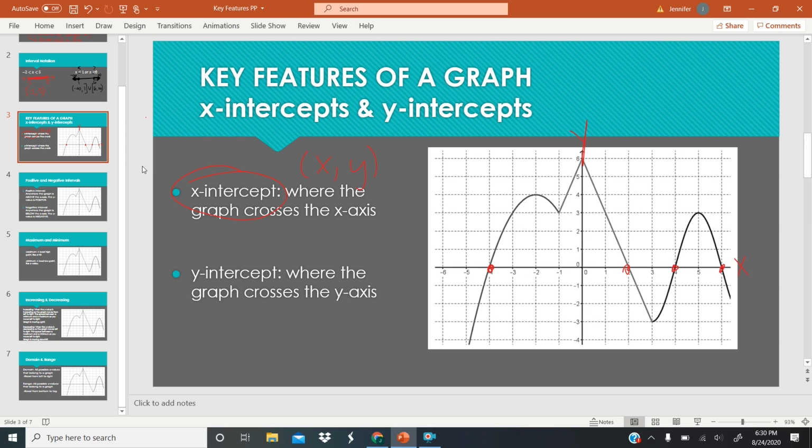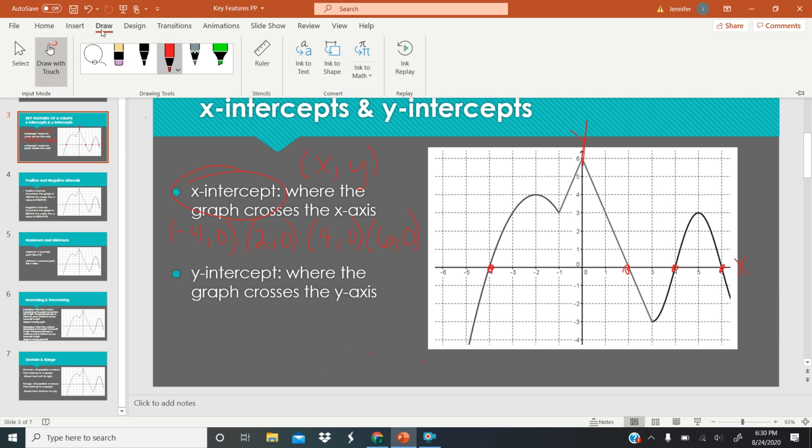So it'll be a point x comma y. So the first one, the x is -4, the y is 0. The second one is at 2, 0. The third one is at 4, 0. And the last one is at 6, 0. So those are going to be all of your x-intercepts.